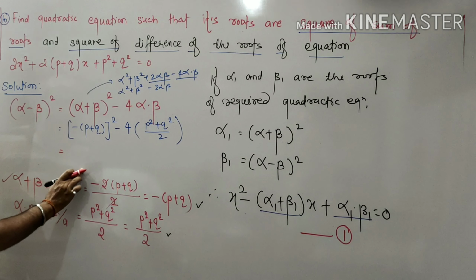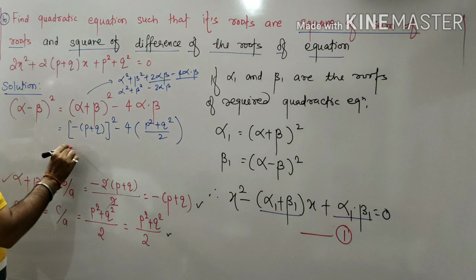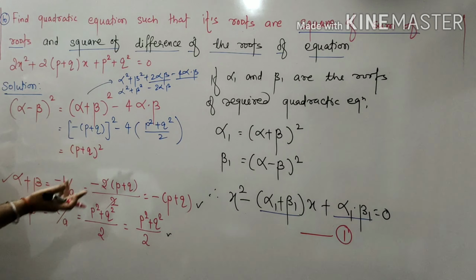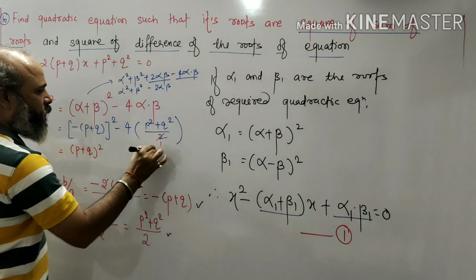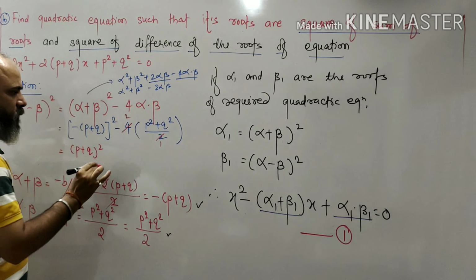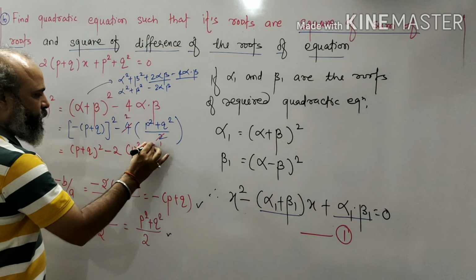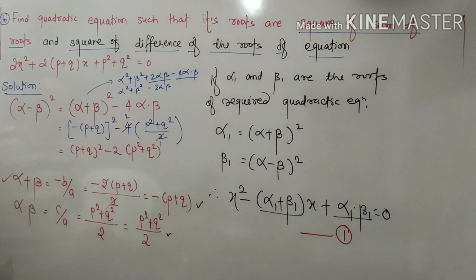So you will get, student, here the square of this will be p plus q the whole square. The square of negative is always positive. This is 2 ones are 2, 2 twos are 4, so minus 2 times p square plus q square. Okay, student?